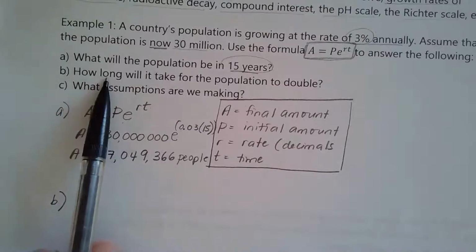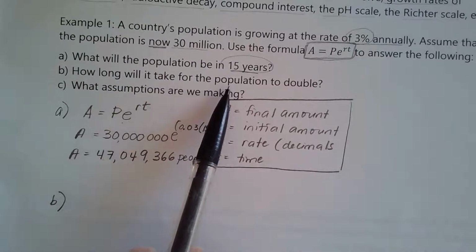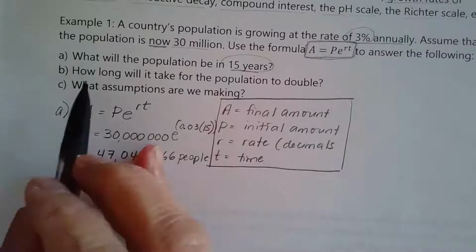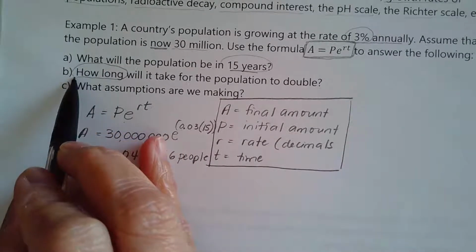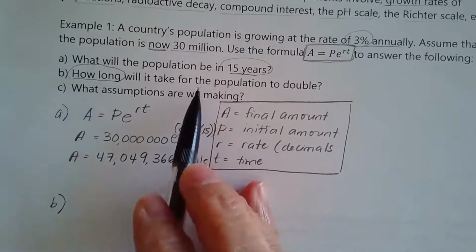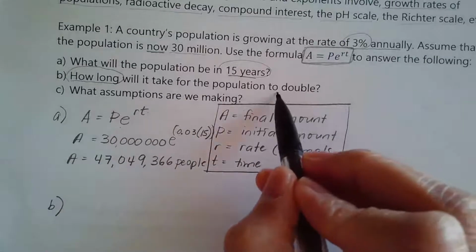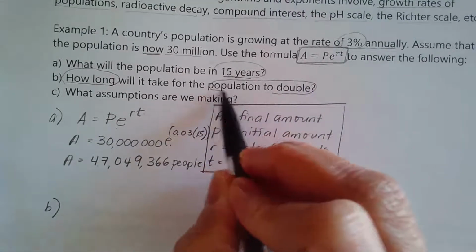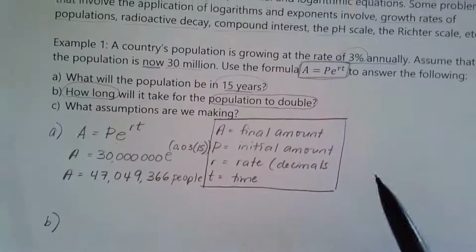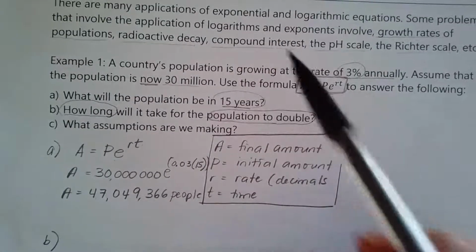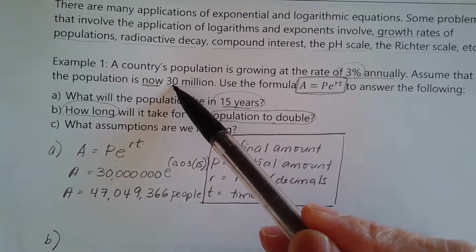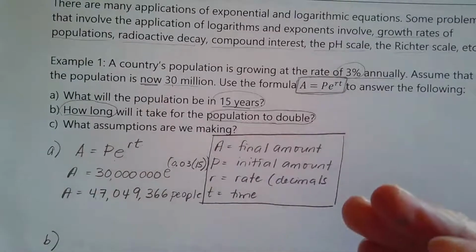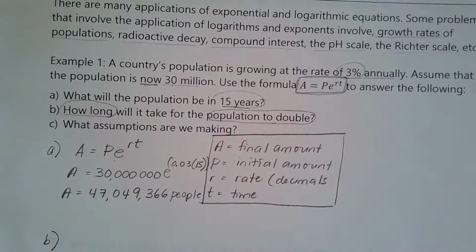Letter B says, how long will it take for the population to double? The question of how long is referring to time, so we're going to find the value of t. For the population to double, in the future you want it to be double the population now. If it was 30 million, the double would be 60 million.